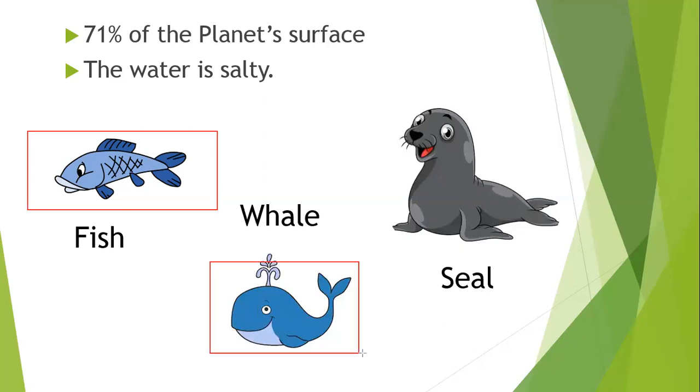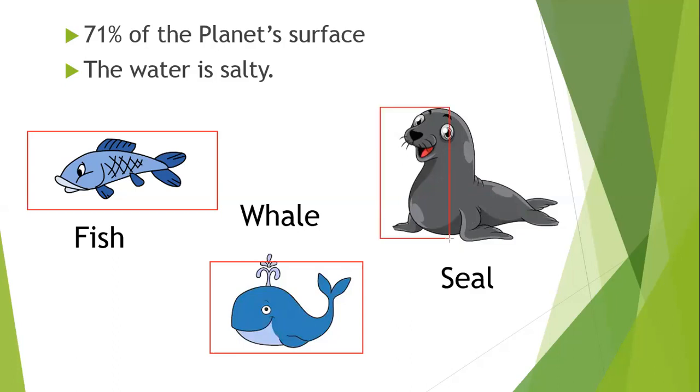What about a whale? What can a whale do? A whale can stay submerged underwater for a very long time. A whale can swim and travel very long distances. Okay? A whale can dive to the deepest parts of the ocean.